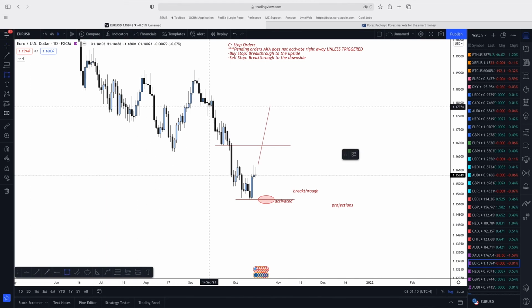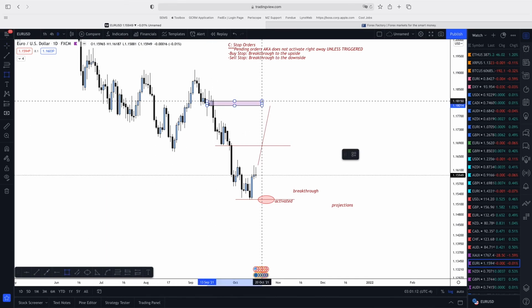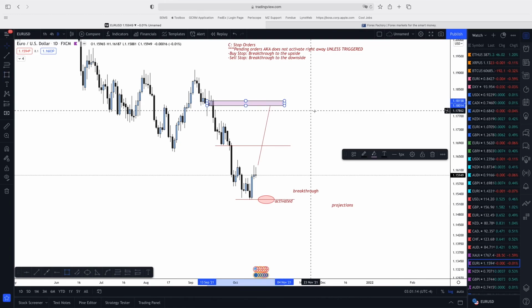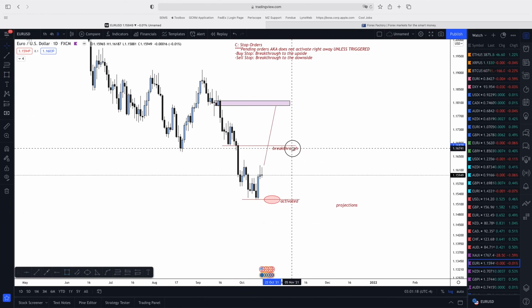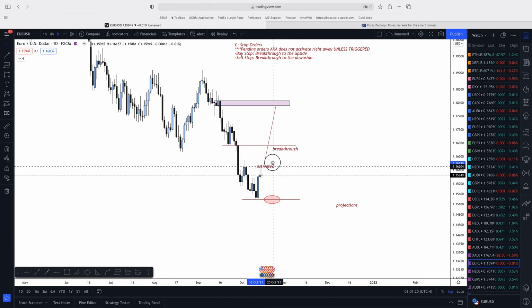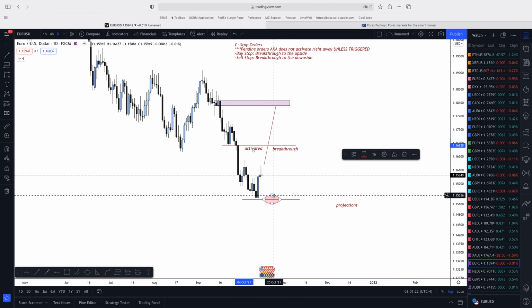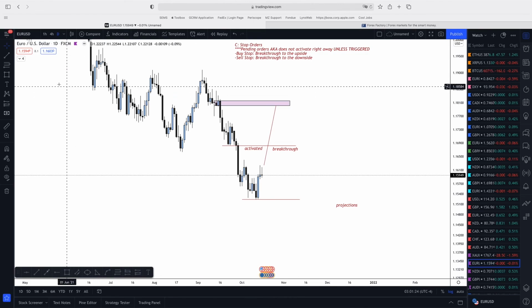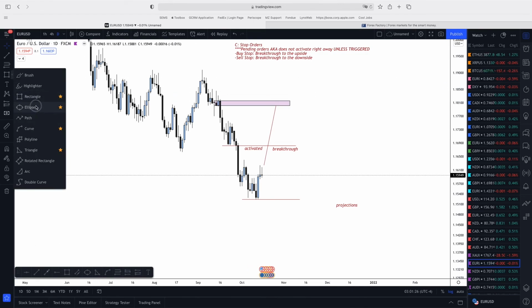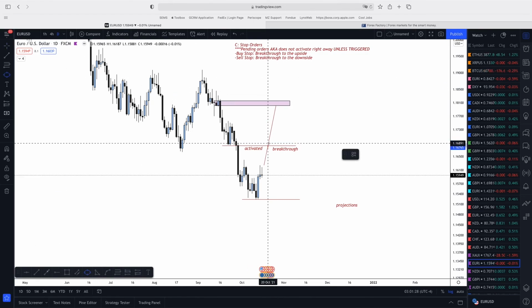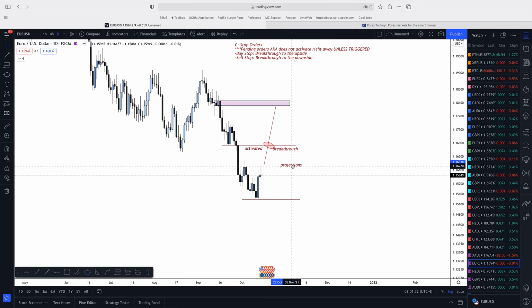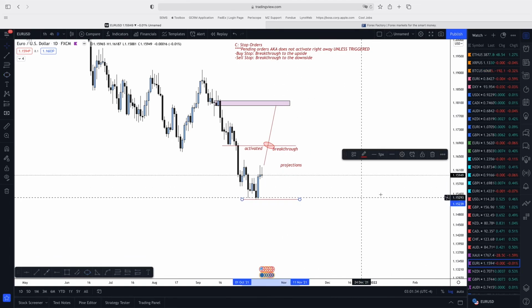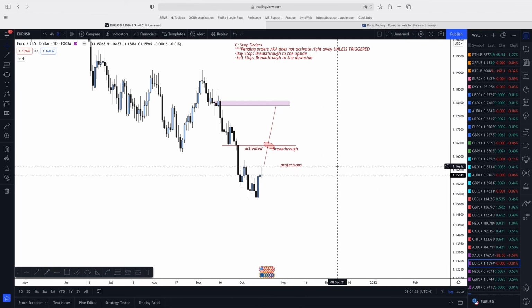This is what it's going to look like. Right over here, bam. Market's going to break through into the zone. So this is the breakthrough. The trade obviously gets activated in there, at that specific zone. And let's say this is your projection of what the market is going to do.